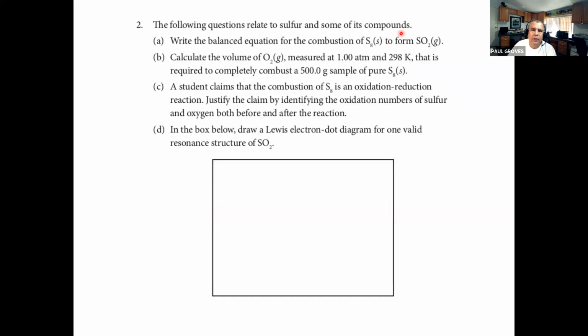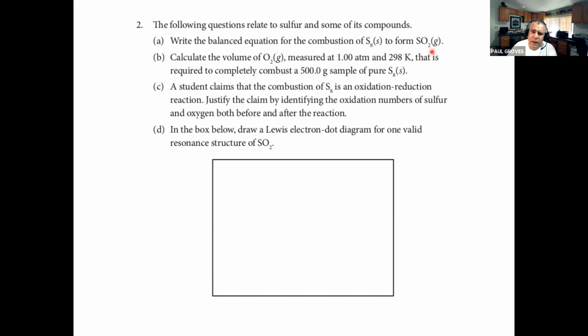The following question is about sulfur and its compounds. Write the balanced equation for the combustion of sulfur into SO2. So we'd ask kids to write that out. And again, they're going to have some blank paper after this or lined paper to write their answers.